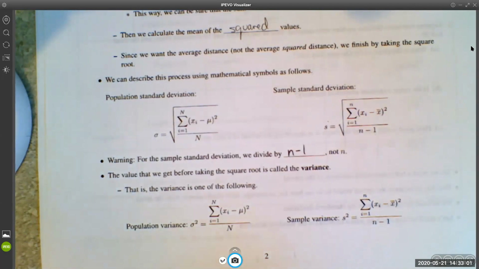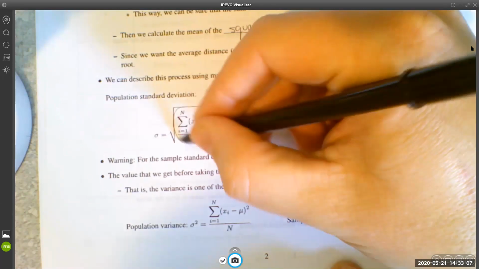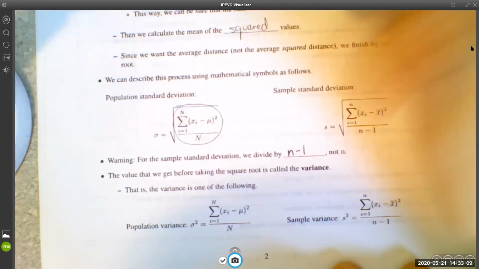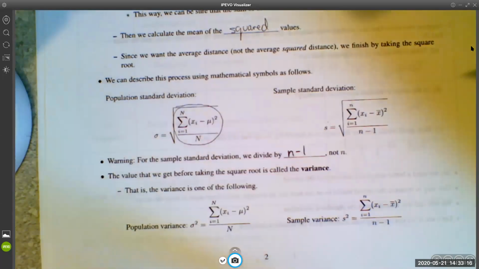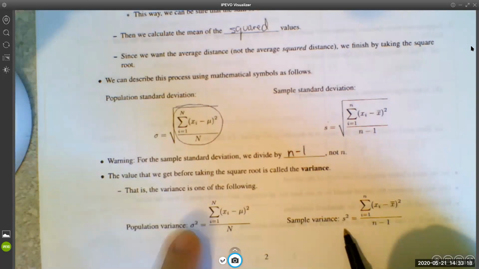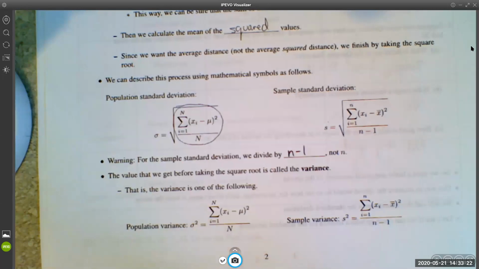One more thing to say before I give you an example. This number that we get inside of the square root, before we take the square root, that's called the variance. So the population variance is just the stuff inside the square root, same with the sample variance. And the symbols that we use are sigma squared and s squared, respectively, okay? And that should make sense, right?